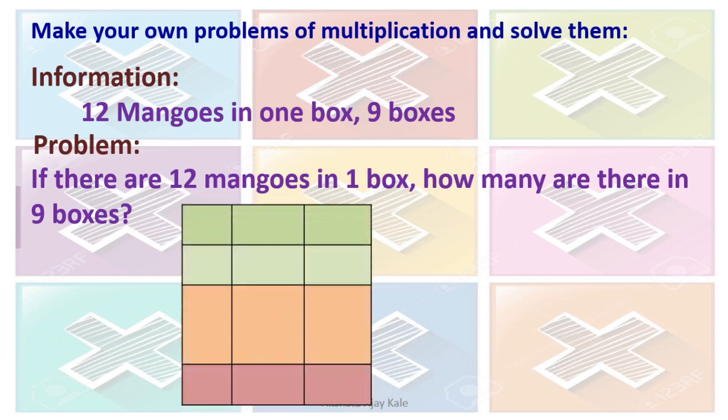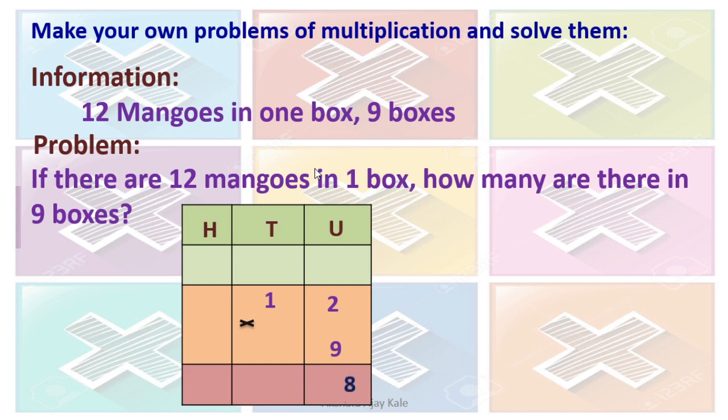Here we will write units, tens, hundreds. Now we will write 12, 2 in the unit place and 1 in the tens place, multiplied by 9 in the unit place, correct? Now first what we are going to do, 9 twos are, correct?